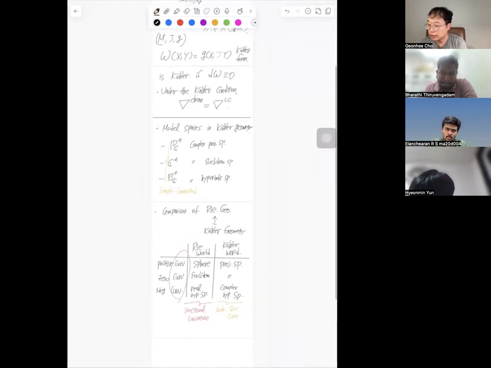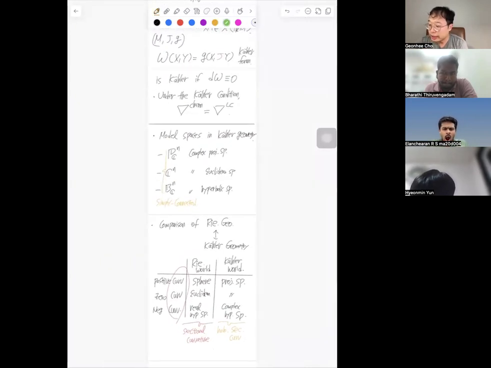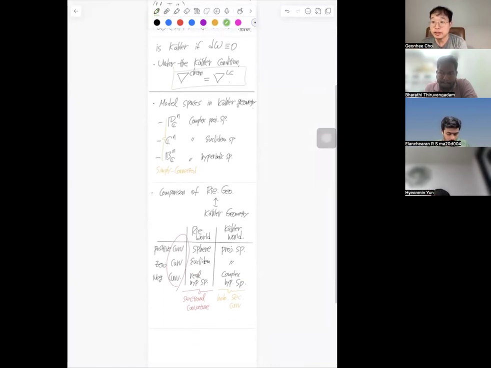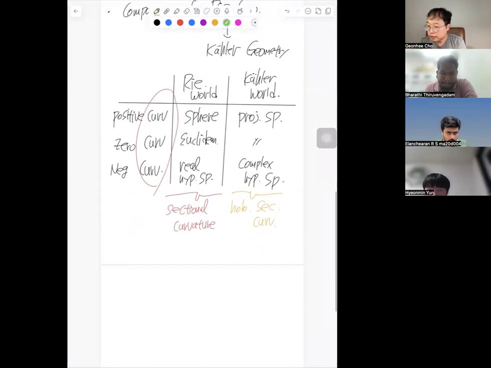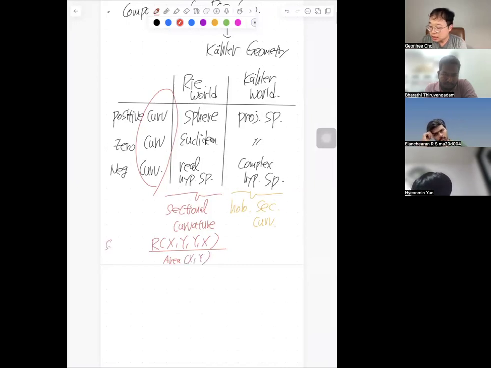What's the definition? In the Kähler world, we already have the same connection to proceed with the derivative of the vector field. The sectional curvature is defined as the curvature tensor R(x, y, y, x) divided by the area generated by x and y, for each two vectors.